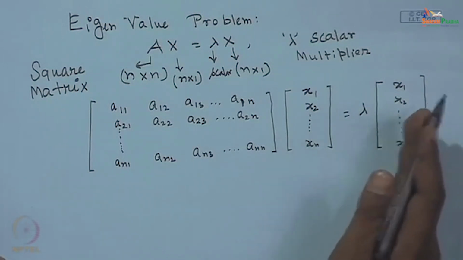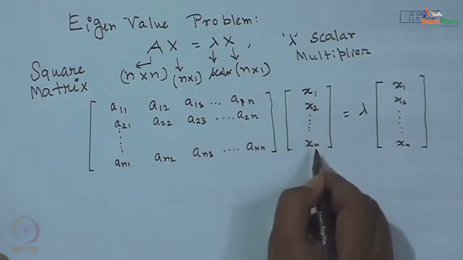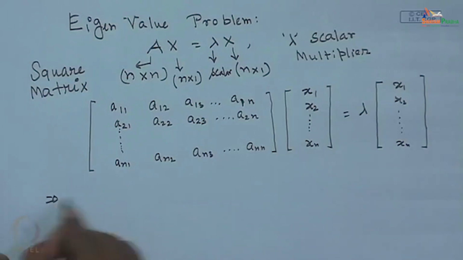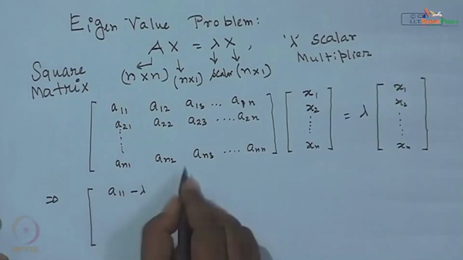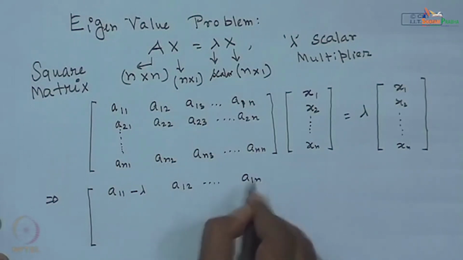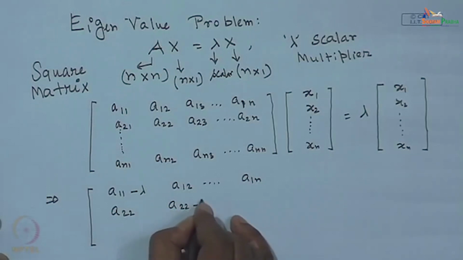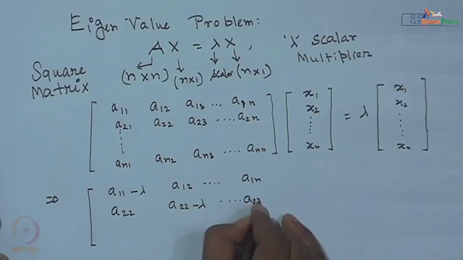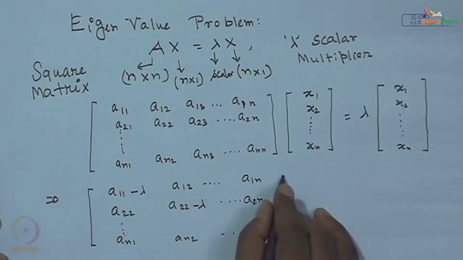Then we just bring the right hand side into the left hand side and write it in the form of x 1, x 2. So, we can write it as A 1 1 minus lambda, A 1 2 up to A 1 n, A 2 1, A 2 2 minus lambda up to A 2 n, like that A n 1, A n 2 up to A n n minus lambda.